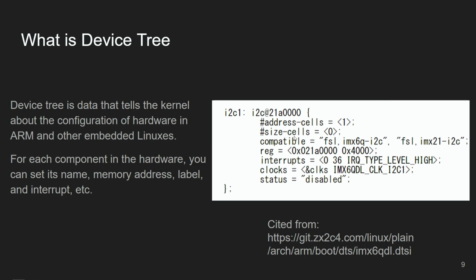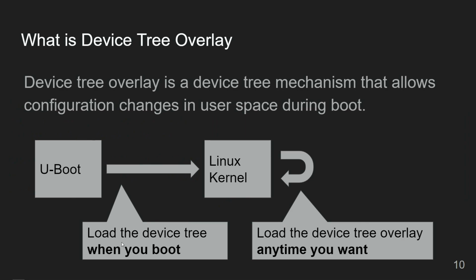There are settings for which device driver will be used on a peripheral, which is the interrupt and which are the registers, which address the peripheral exists at, and other required settings for peripherals. This is the device tree, and this device tree is loaded only at boot time.